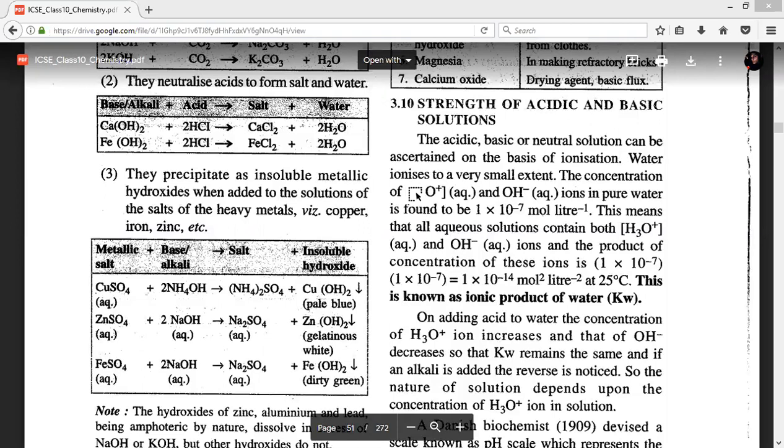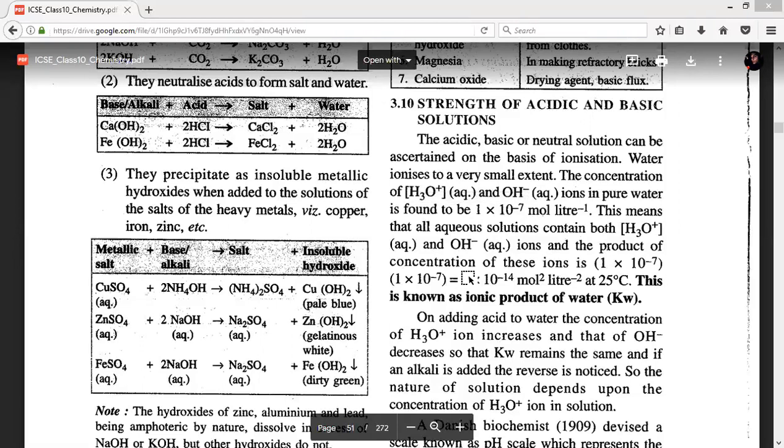For the hydronium ion, it is 1 into 10 raised to power minus 7 mole per liter. For the hydroxide ion, again 1 into 10 raised to power minus 7 mole per liter is there. But in a single solution, both the hydronium and OH negative ions are there.